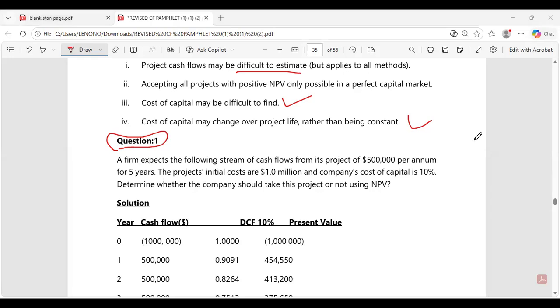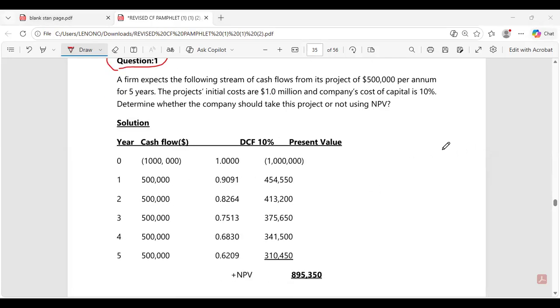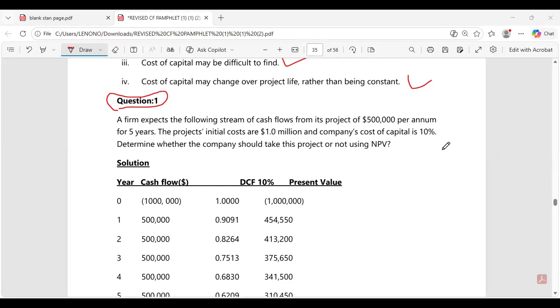A firm expects the following stream of cash flows from its project of $500,000 per annum for 5 years. The project's initial cost is $1 million and the company's cost of capital is 10%. Determine whether the company should take this project or not using NPV.